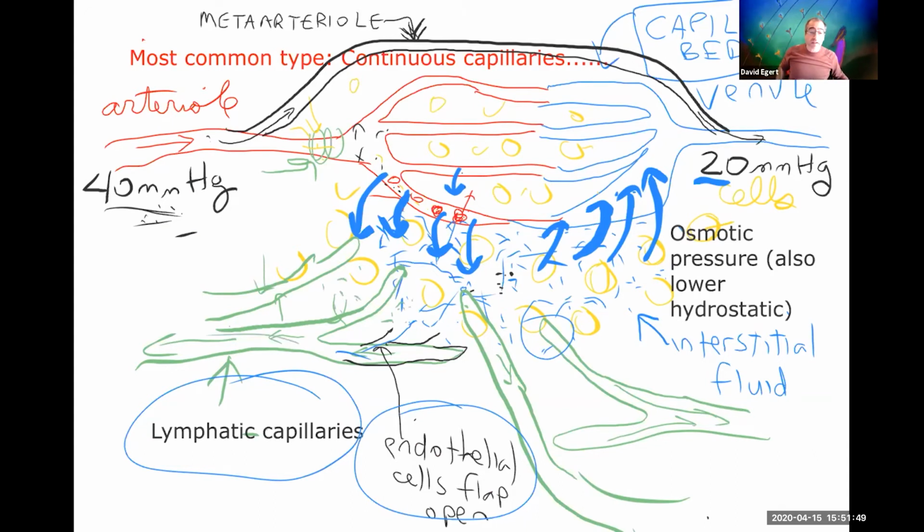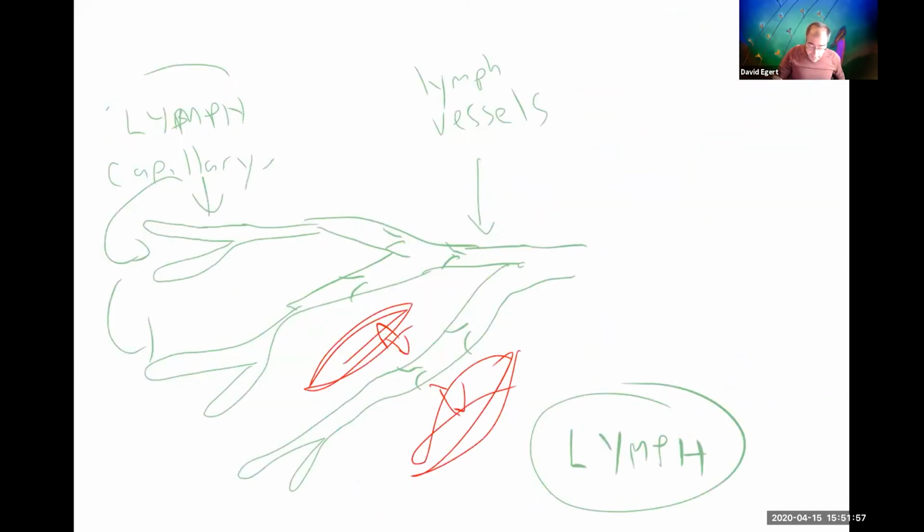Lymph is just what it's called once it's traveling in the lymphatic vessels. As these lymphatic vessels go, they percolate through these little things called lymph nodes, which we'll talk about in more detail, but they're basically things that help filter the lymph.